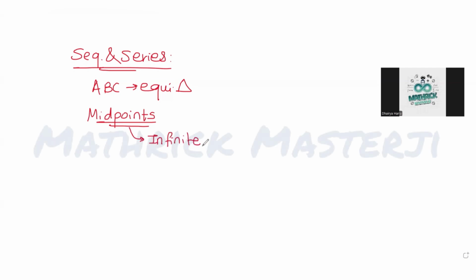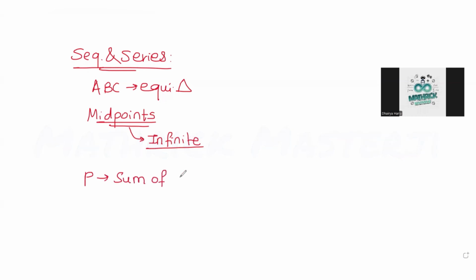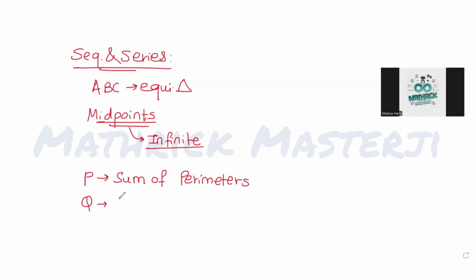The question says that if P is the sum of the perimeters of all the infinite triangles which are formed, and Q is the sum of all the areas of all the triangles that are formed, we have to figure out the relation between P and Q. The answer choices give us the relation.